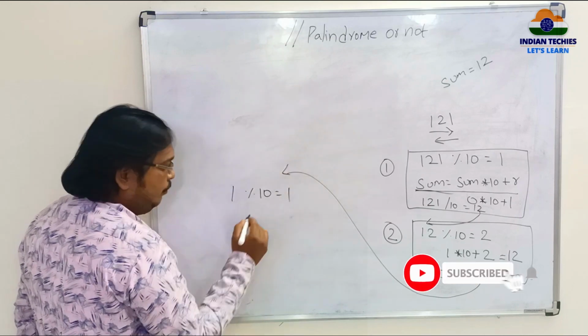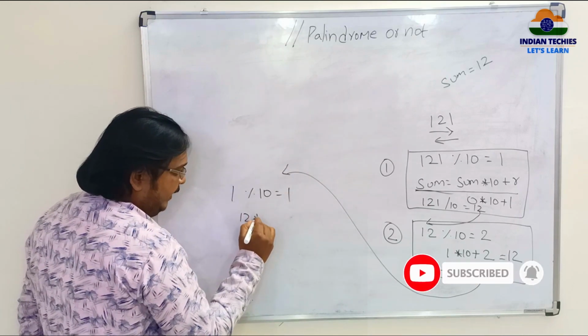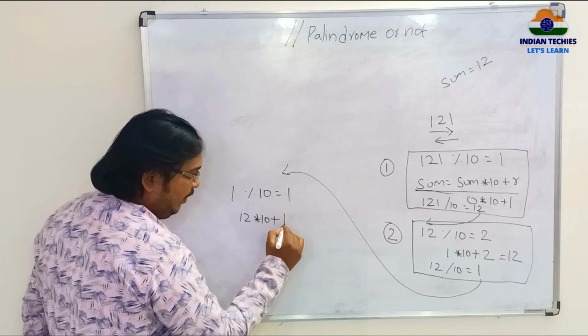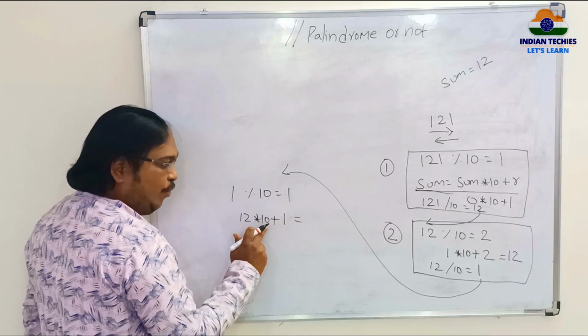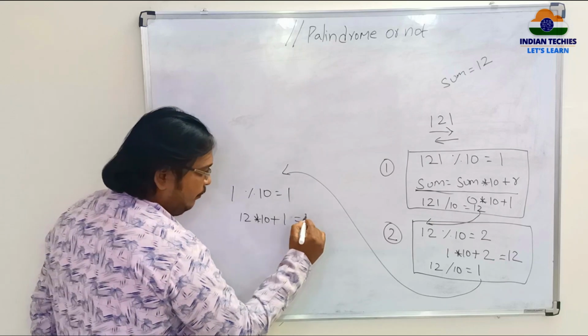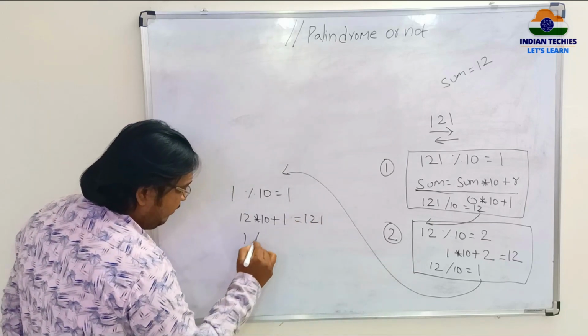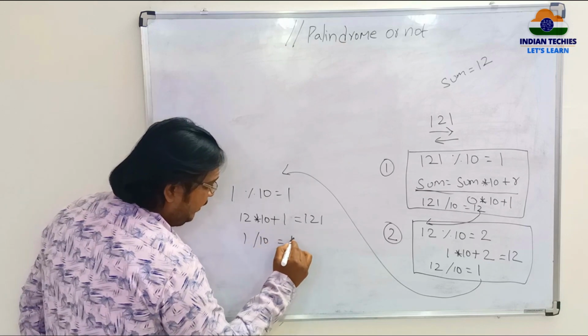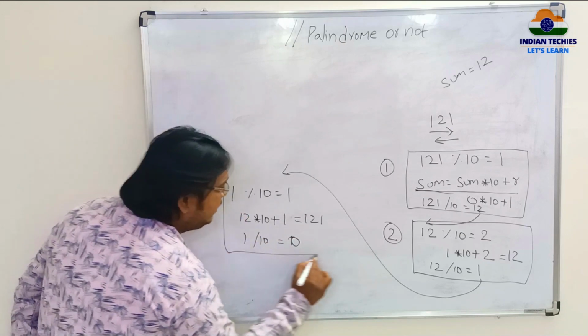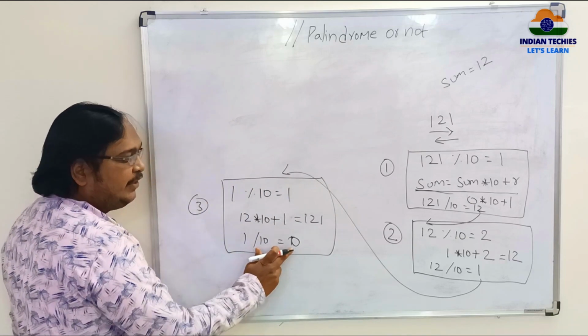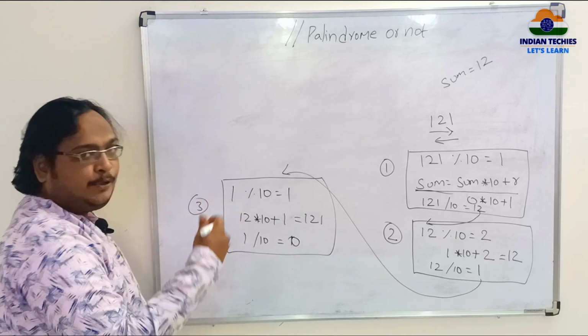What is the sum value? 12 into 10 plus the latest remainder, 1. So 12 into 10 is 120, plus 1, 121. And the last one is 1 divided by 10, then your result becomes 0. This is step 3. Since your result is 0, you will stop your repetition.